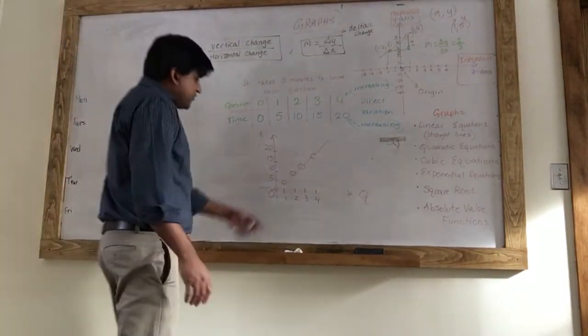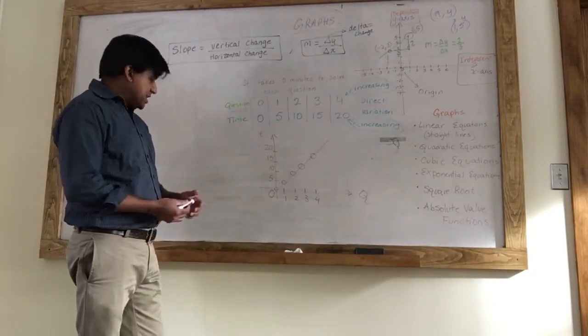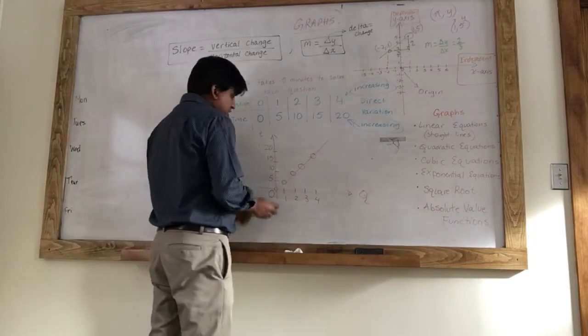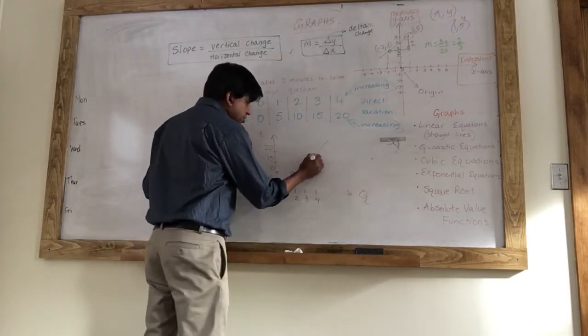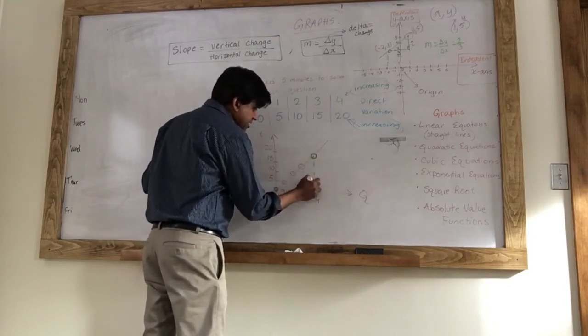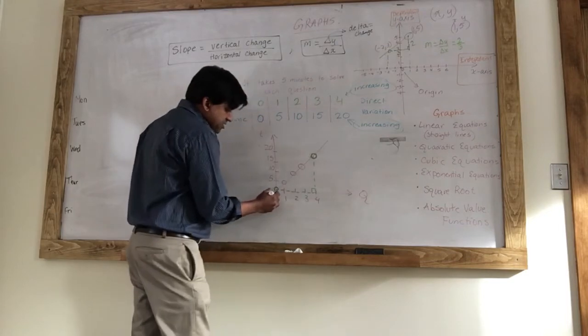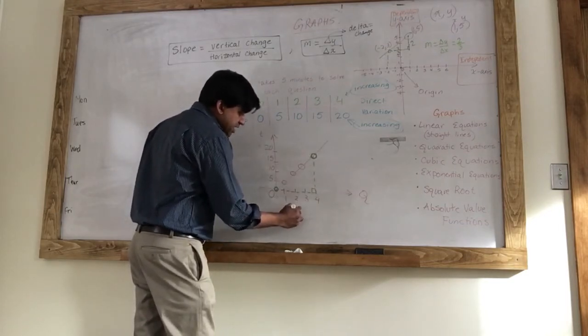Now what if I wanted to find the slope of this thing, right? As we stated before, we can choose any 2 points. Let's take easy points. I'm going to take this point and I'm going to take this point. And let's make our right angle triangle, right? So on the horizontal axis, I'm going from 0 to 4, so my change is 4.